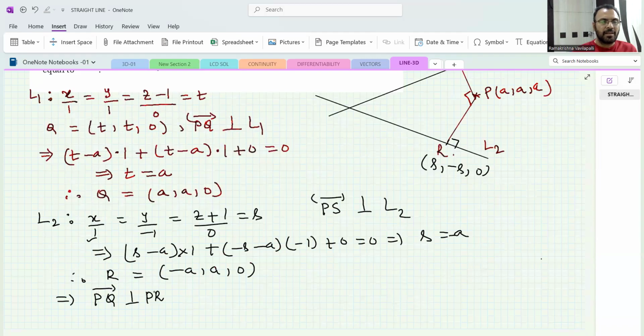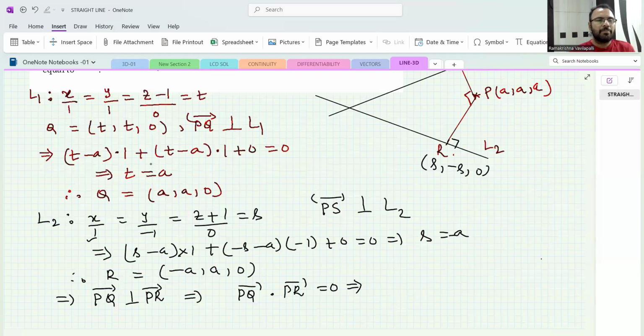So this implies PQ vector dot PR vector equal to 0. What is the PQ vector?